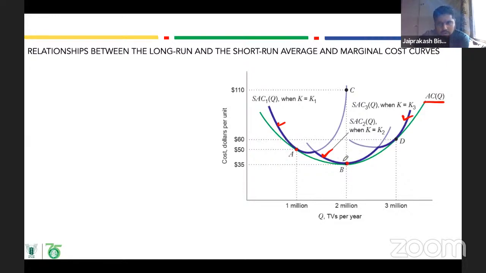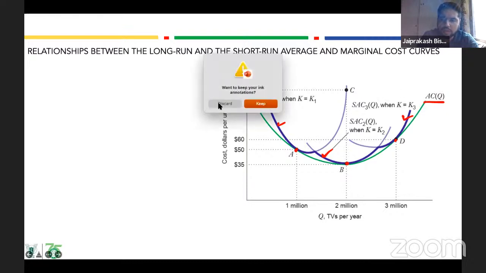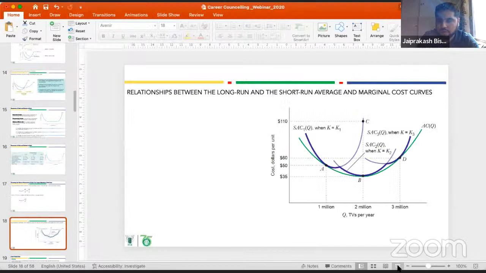When you join these points, it will be your long run cost curve, which is enveloping all your short term cost curves. That's why it is called planning curve also, and envelope curve also. So these kinds of questions they ask in objective types of multiple choice questions. So you have to remember these things also.